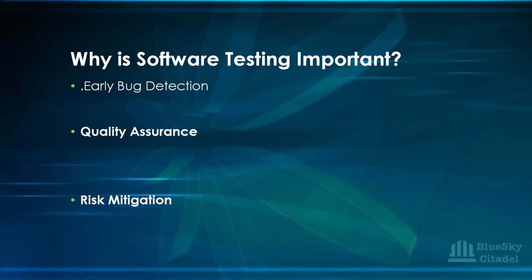And the third one is risk mitigation. In software testing, risk mitigation is identified as assessing and reducing potential risks that could negatively impact software quality. Again, we are going around in circles.